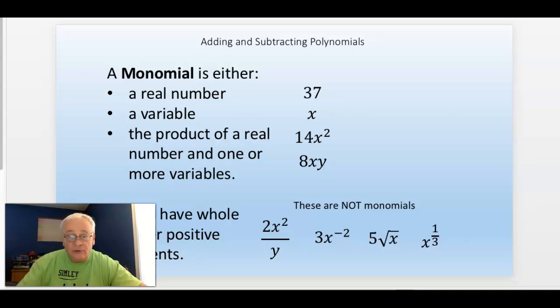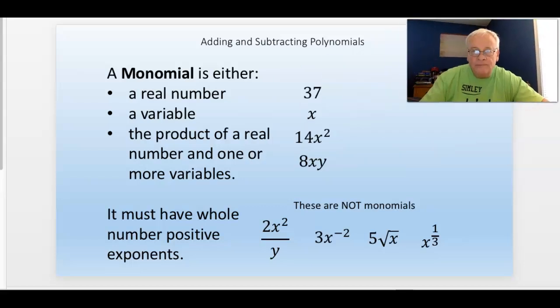This is our first vocabulary word: a monomial. A monomial is either a real number or a variable, or the product of a real number and one or more variables. These are four examples of monomials right here. And down here, these are four examples that are not monomials.